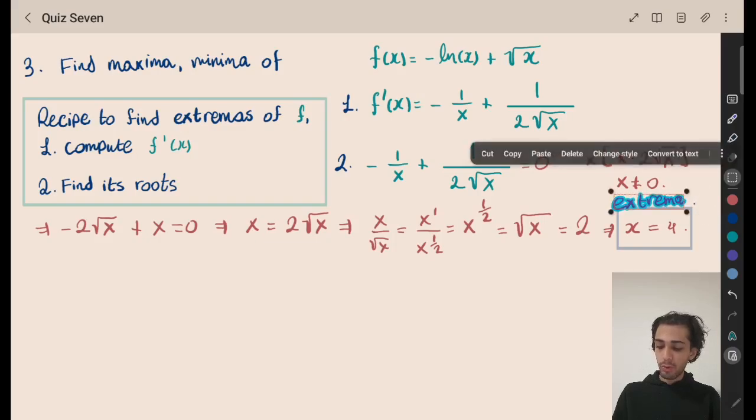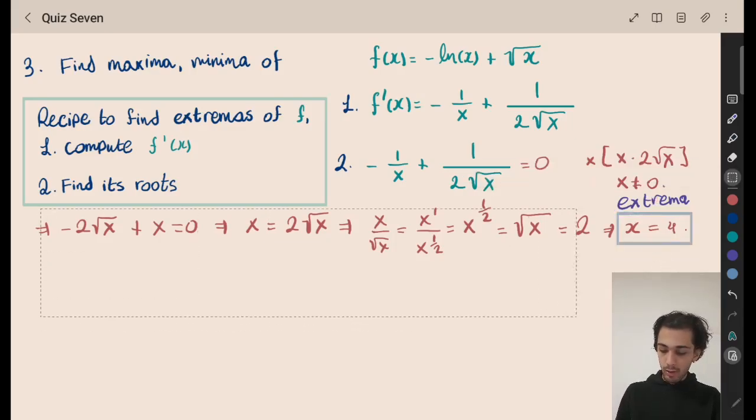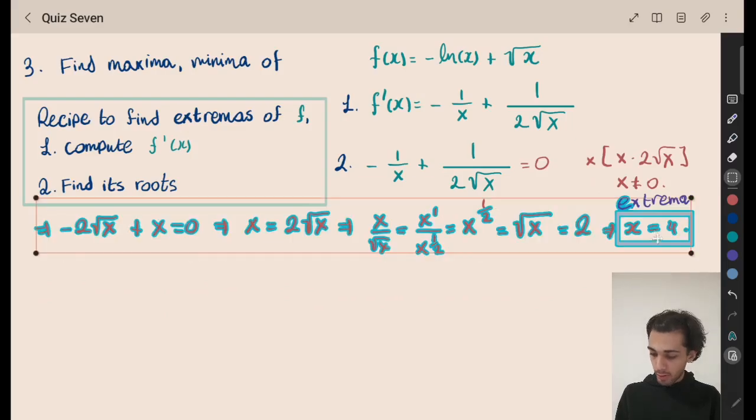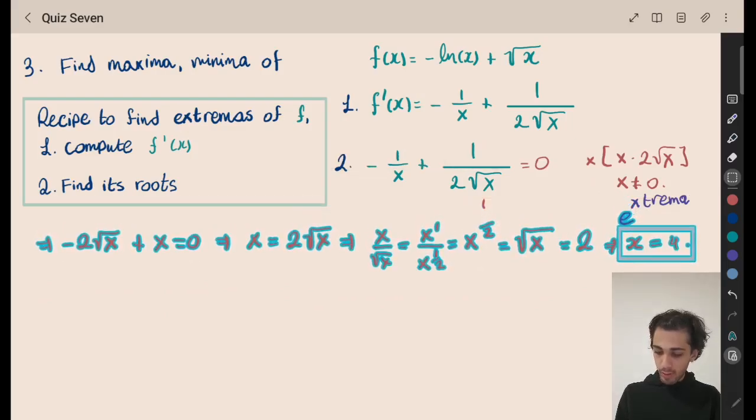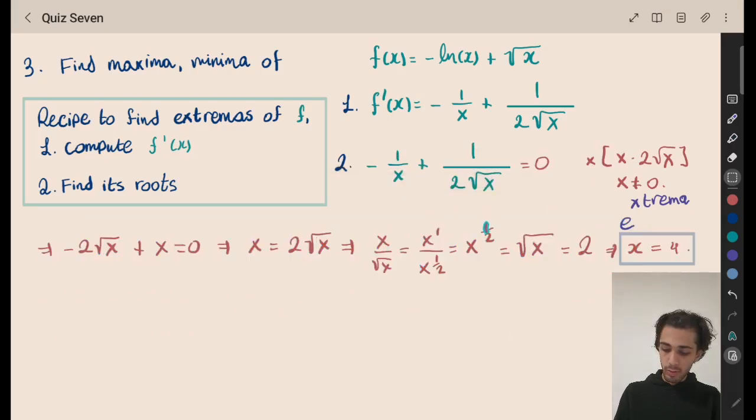Extrema is a plural word, so it should be just extremum. It's not extremas, but this is not English class, so I hope you can forgive me about this. I'm just making a bit more space. So x equal to 4 is already an extremum, one of the extrema. It's actually the only extremum, so that is progress.